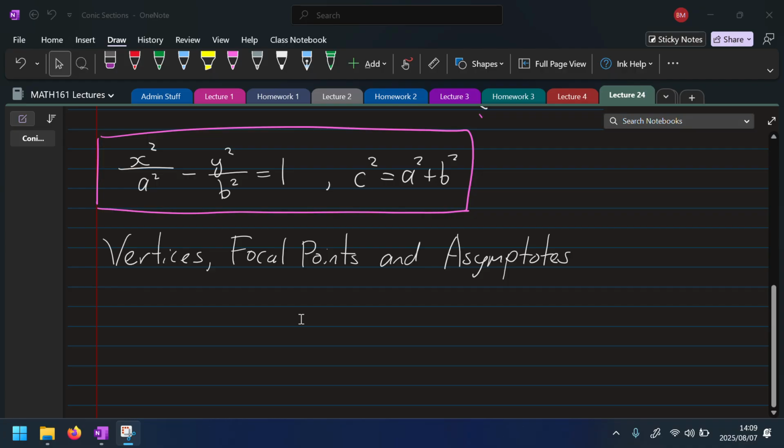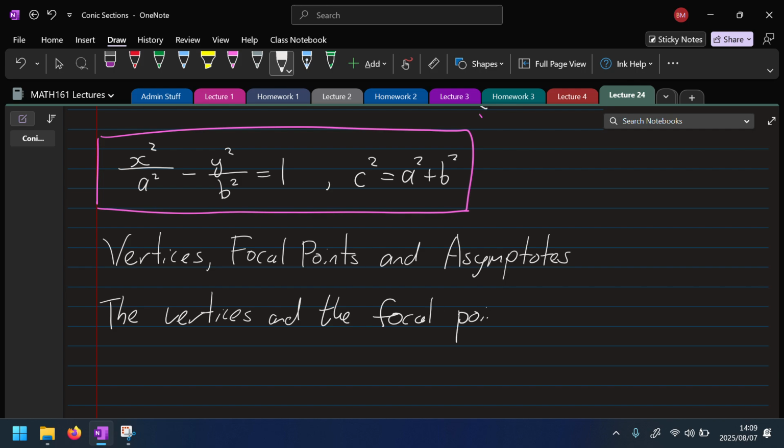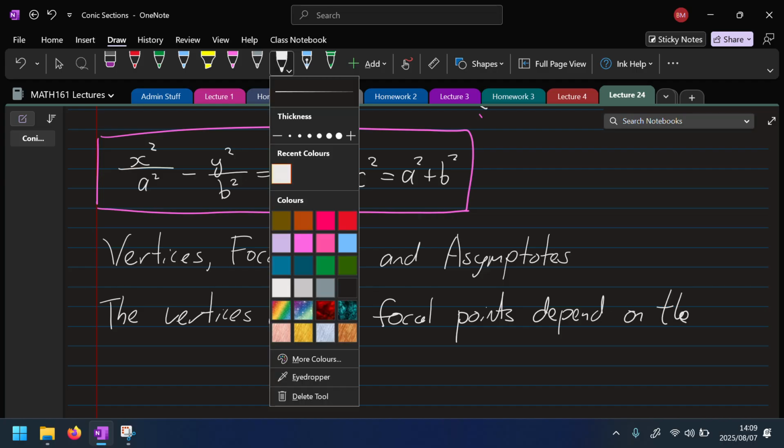Okay, so today we're going to find the vertices, the focal points, and the asymptotes of the hyperbola. Now, the vertices and the focal points depend on the orientation.